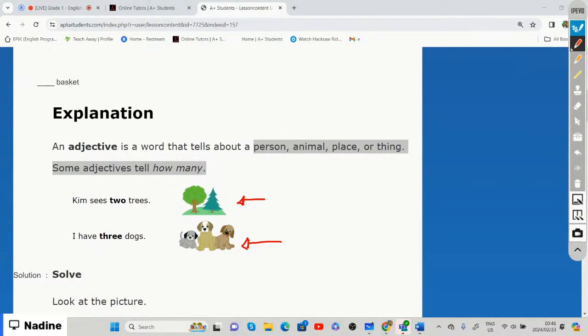Because we now need to identify how many, because we have adjectives that tell us what kind, but in this case, we have adjectives that tell us how many. And when they tell us how many, it is in number.